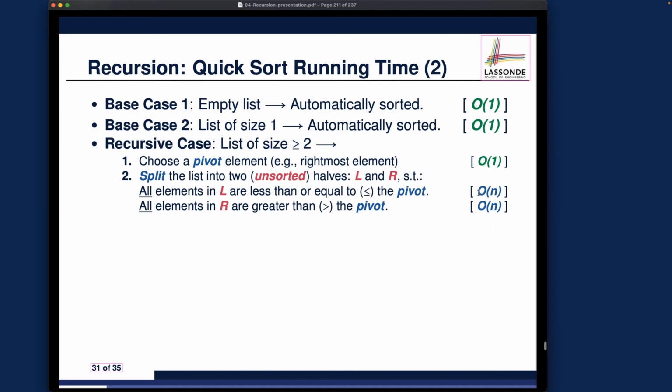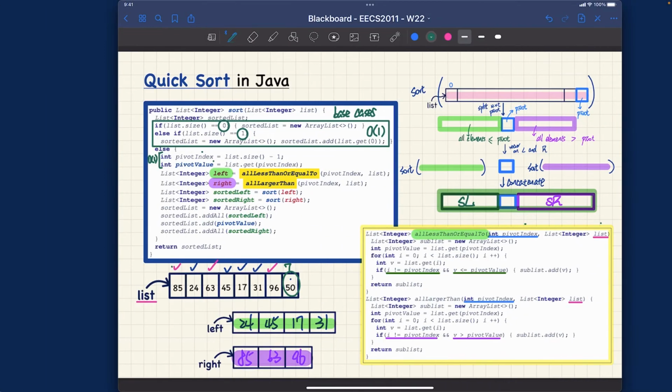And why would they be big O of n, linear? We have to look at the methods over here. For all less than or equal to, and also all larger than, they simply have to go over the entire list and decide conditionally which one is either less than or equal to or larger than.